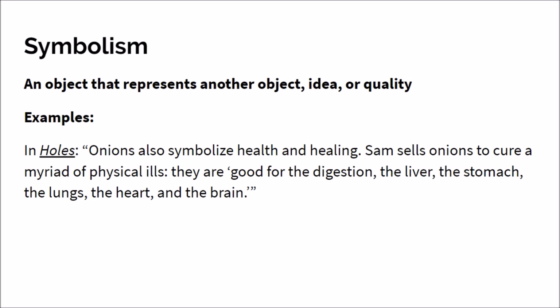They are, quote, good for the digestion, the liver, the stomach, the lungs, the heart, and the brain. And we know from other parts of the story how onions really do kind of symbolize good things in the story. There's my source for that quote.